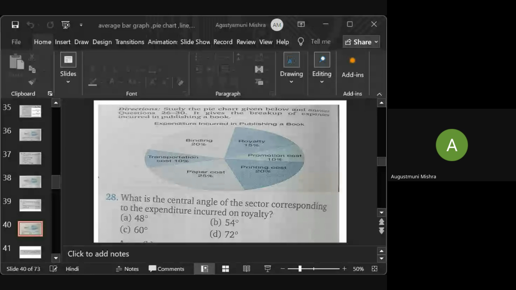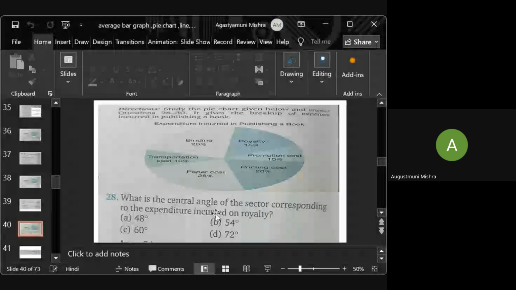Only 1 minute left. After that, I'm going to change the slide. Four responses we have. Okay, that is, I think, 5 now. That is B. Within a few seconds, I'm going to change it.